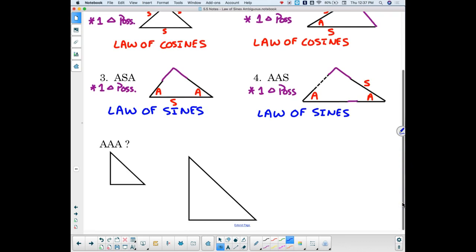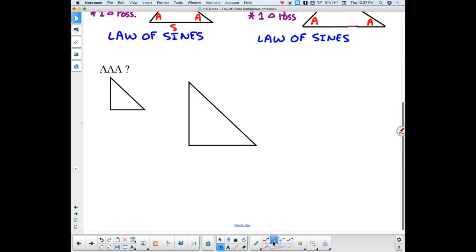In the triple angle case, we can't solve that triangle because these two triangles have the exact same angles. And I could come up with a third one that has the exact same three angles.